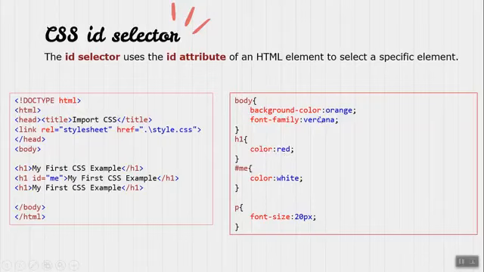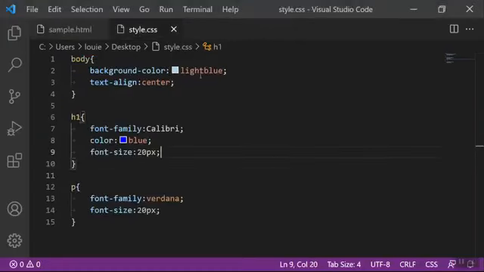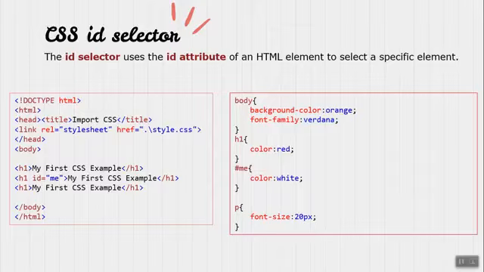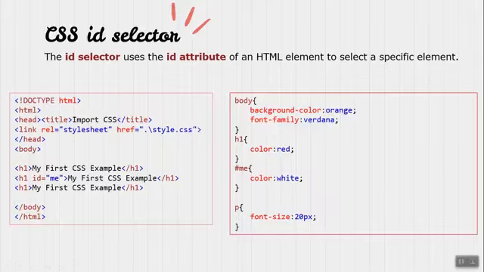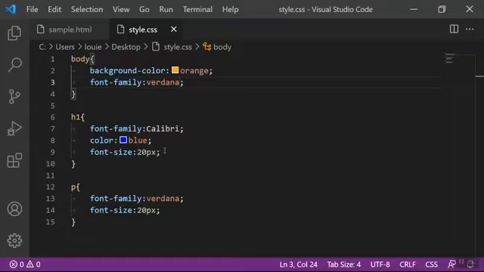Let us try this code here. The background color is orange. Let me change that. The font family is Verdana, and then the h1 is color red.